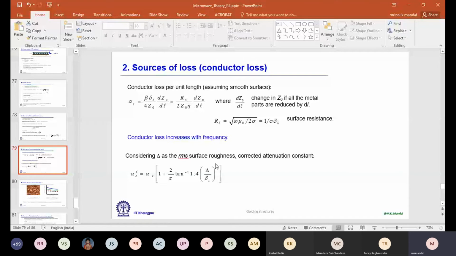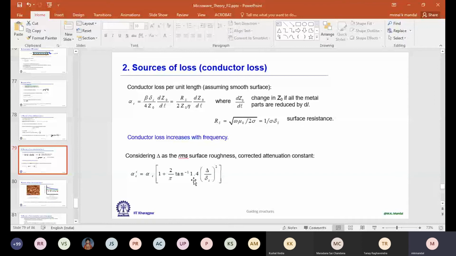So if capital delta becomes comparable to small delta, the skin depth, we can't neglect it. And as surface roughness increases in comparison to skin depth, it increases fast.